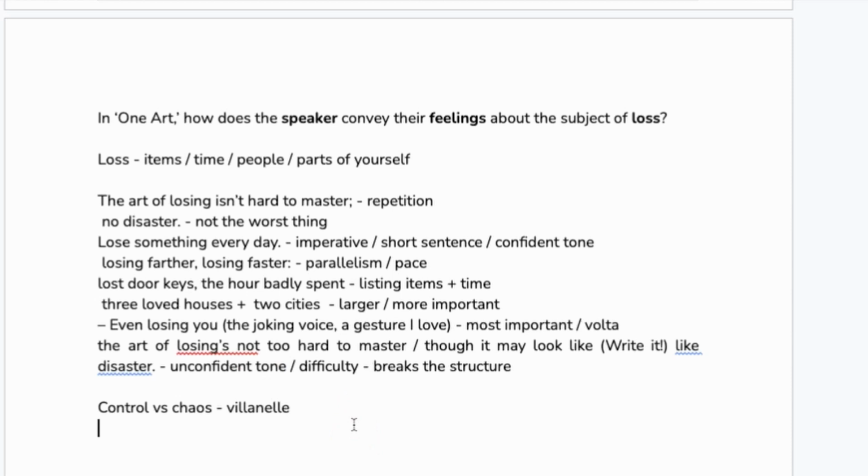There we go. The form's a villanelle, so that's a very controlled poetic form, and she actually breaks the rules of the villanelle at the end because she says "it's not too hard." She's not directly repeating the villanelle structure.